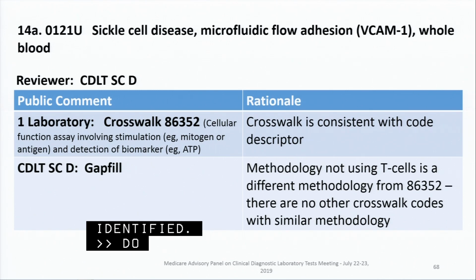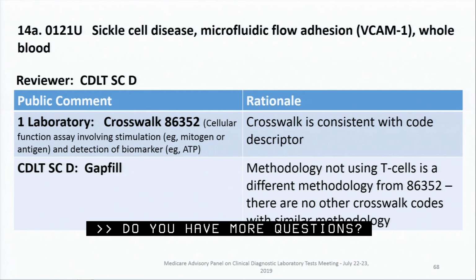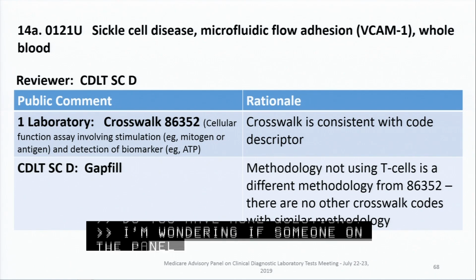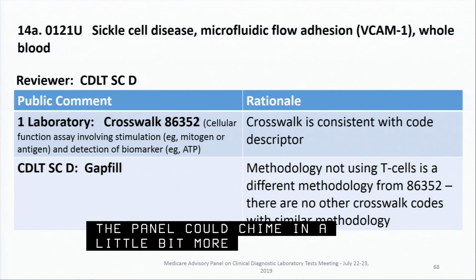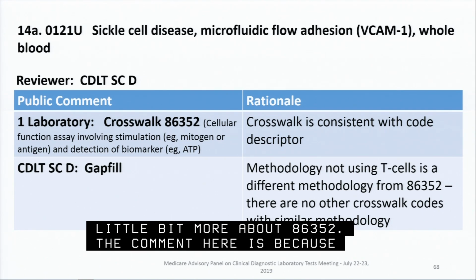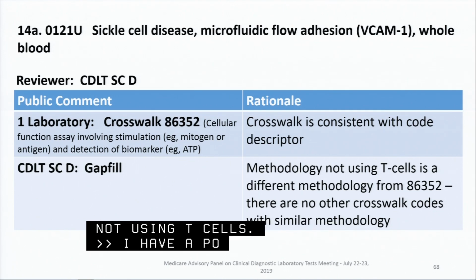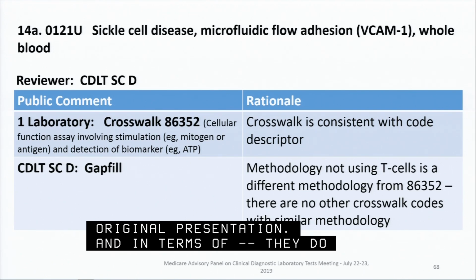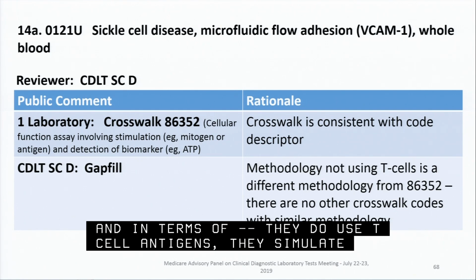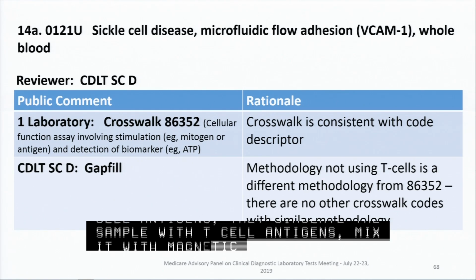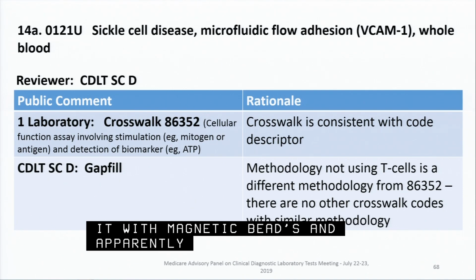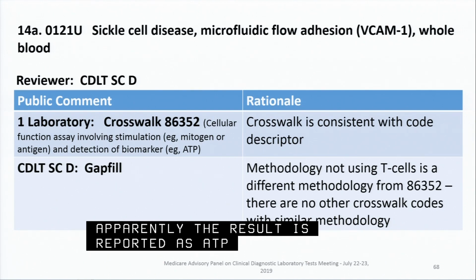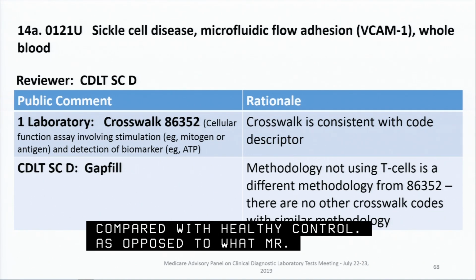So I'm wondering if somebody on the panel could also chime in a little bit more about the 86352. The comment here is that it's because they're not using T cells. I have the PowerPoint from the original presentation. They do use T cell antigen; they stimulate the sample with T cell antigens, mix it with magnetic beads, and apparently the result is reported as ATP concentration compared with healthy control, as opposed to what Mr. Cunningham is saying, that you have an adhesion index, which is reported.